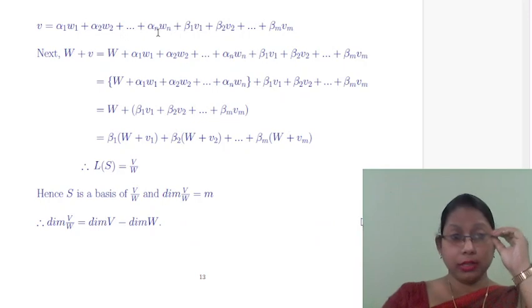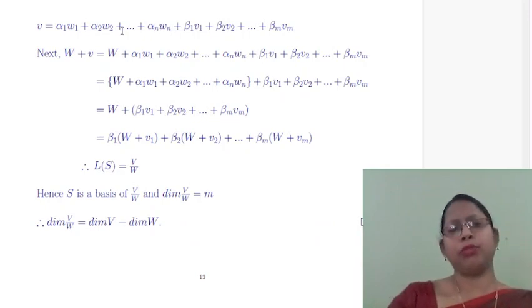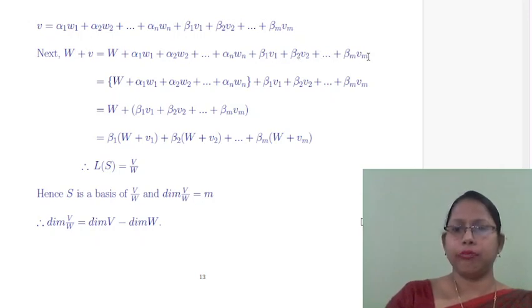That is, v is equal to alpha 1 w1 dot alpha n wn plus beta 1 v1 dot beta m vm. Therefore, W plus v is given by W plus v. Now put the value of v equal to alpha 1 w1 dot alpha n wn plus beta 1 v1 dot beta m vm.